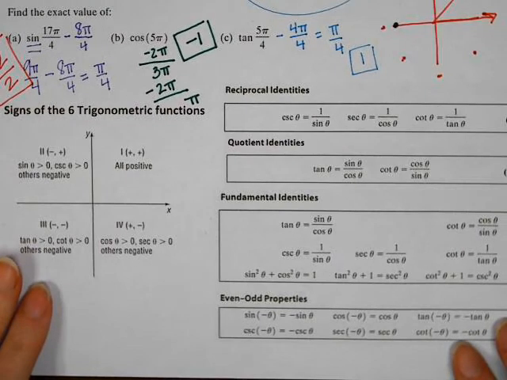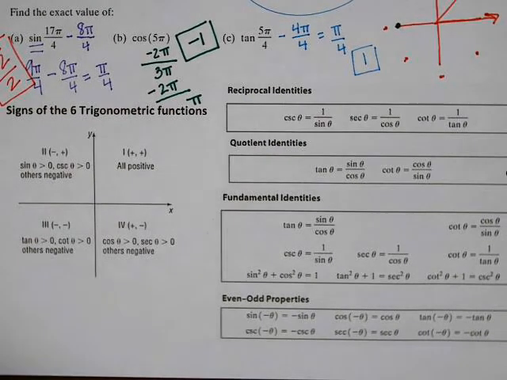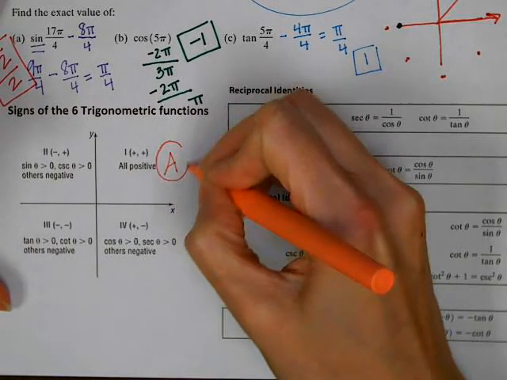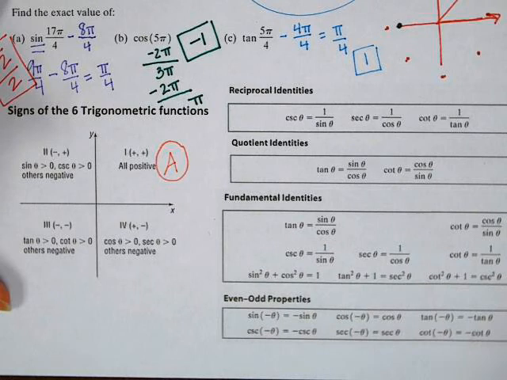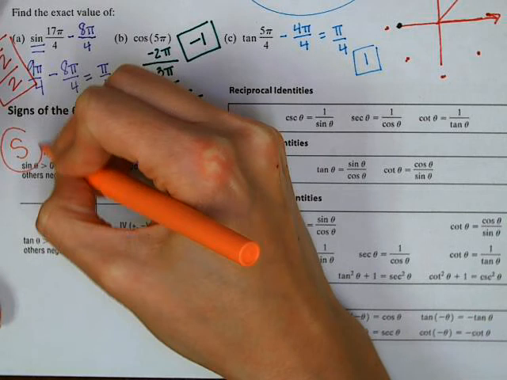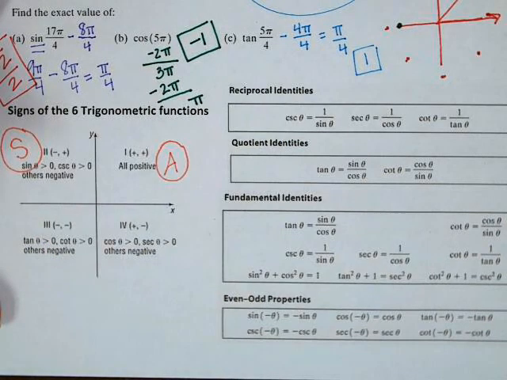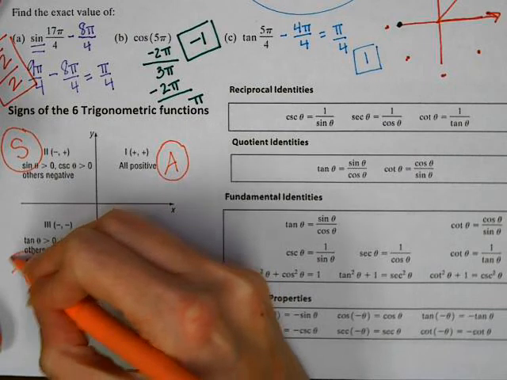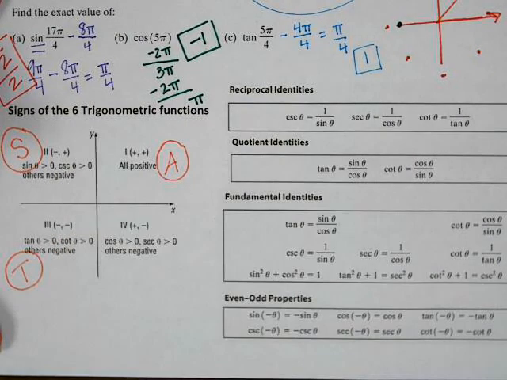Here are all the signs of all 6 trig ratios. In the first quadrant, they are all positive. In the second quadrant, only sine and its reciprocal are positive. In the third quadrant, only tan and its reciprocal are positive.